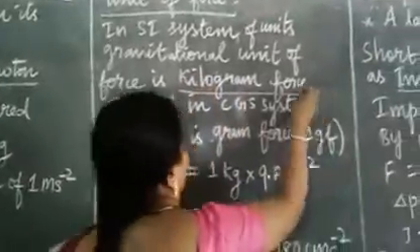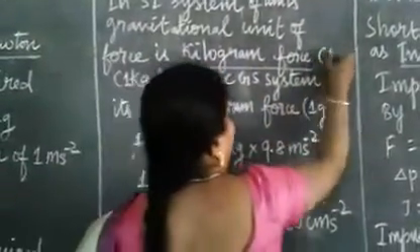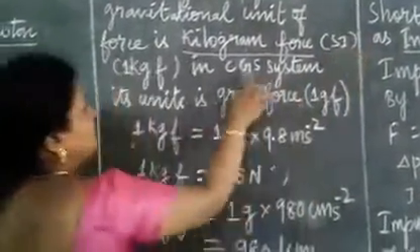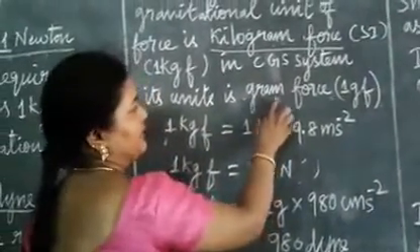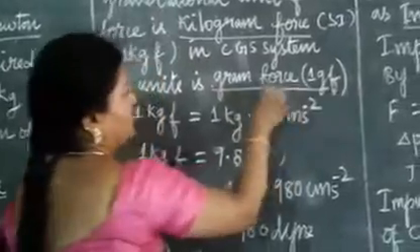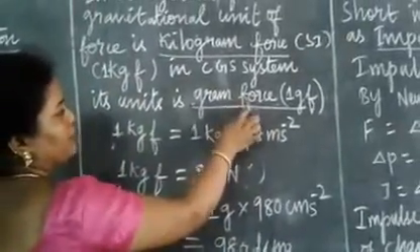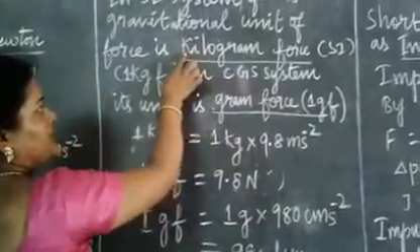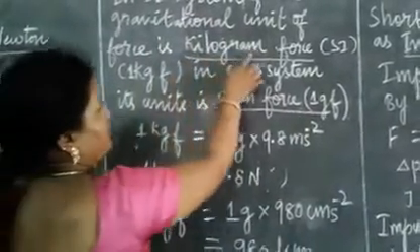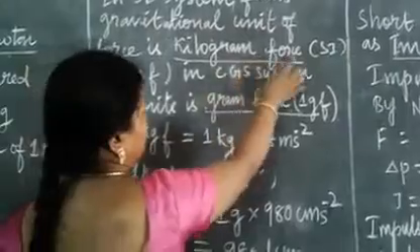In the CGS system, the unit of gravitational force is gram force.